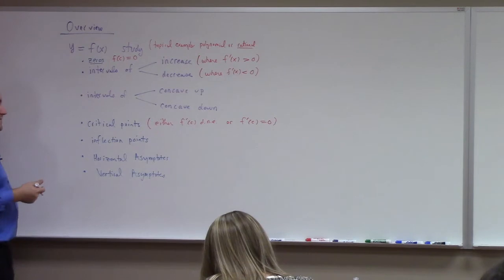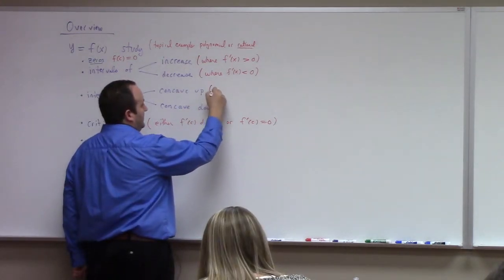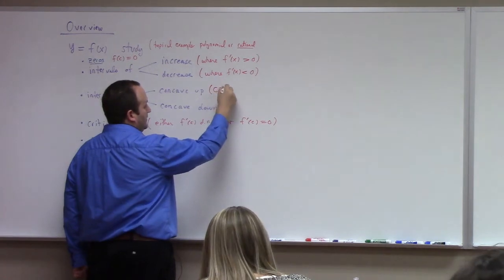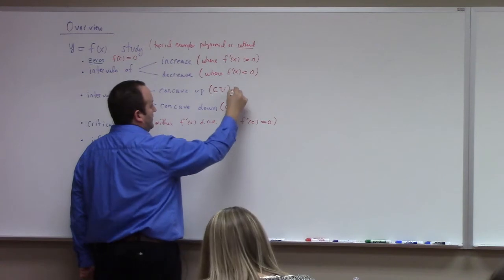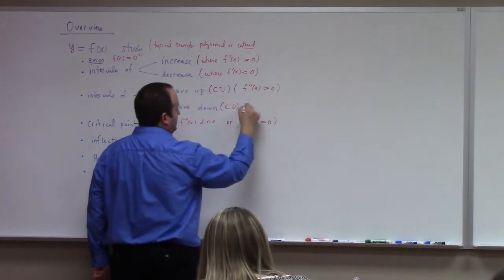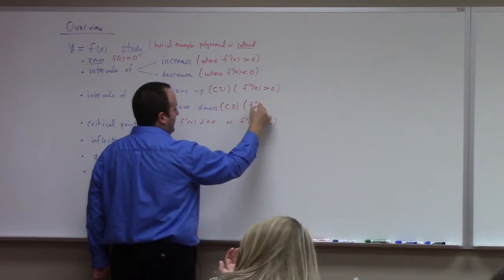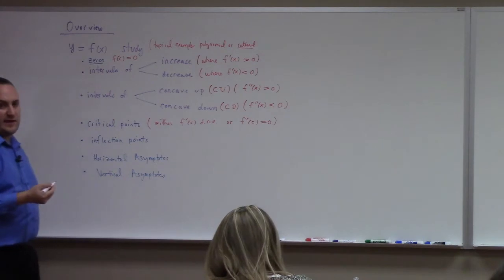How about concave up and concave down? Concave up, which by the way we can abbreviate as CU. Concave down, by the way, we can abbreviate as CD. So what's concave up? It's where f double prime of x is greater than 0. And concave down, that's where f double prime of x is less than 0, right? That's how we analyze these things using calculus.